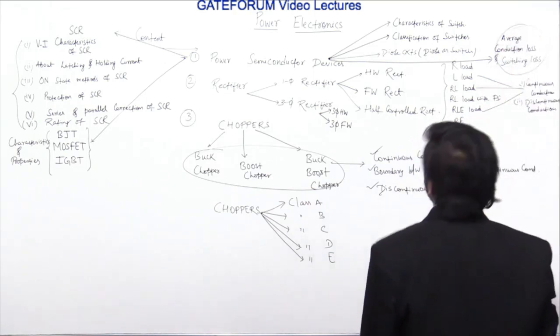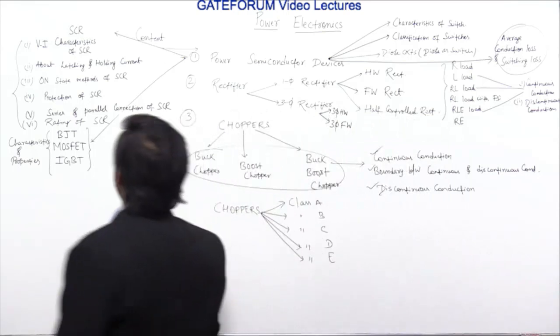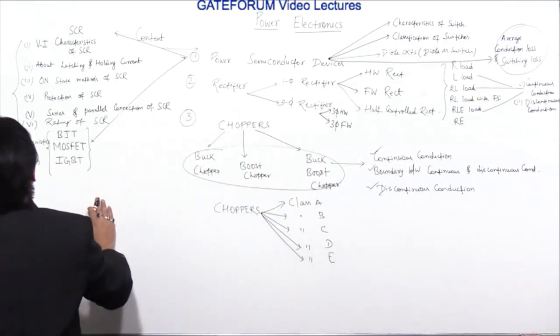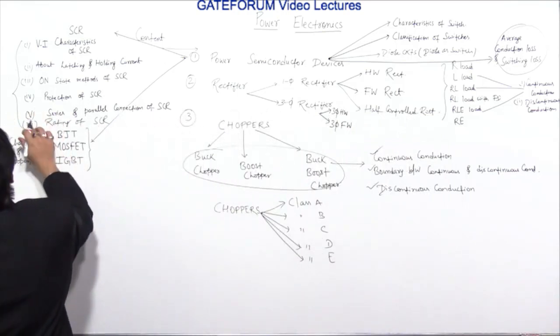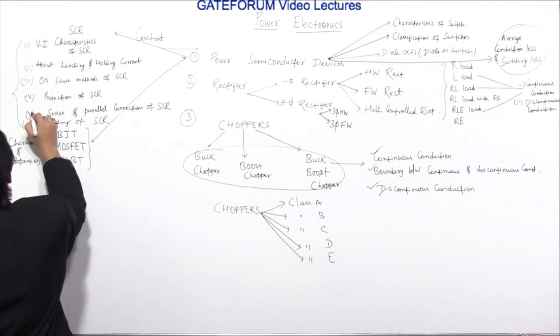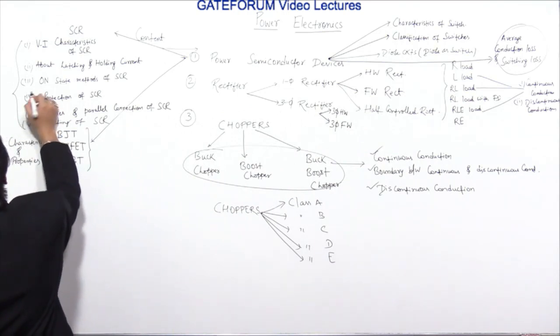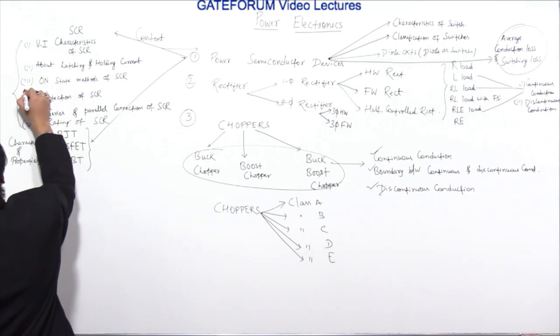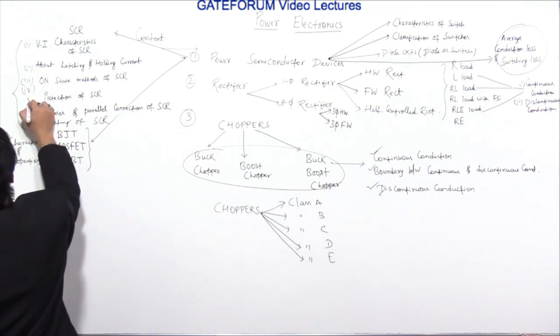And here also more parts are there. Let me include here. This has 7, this is 6. Let us say this is 4, this is 3, 4, and this say 5.